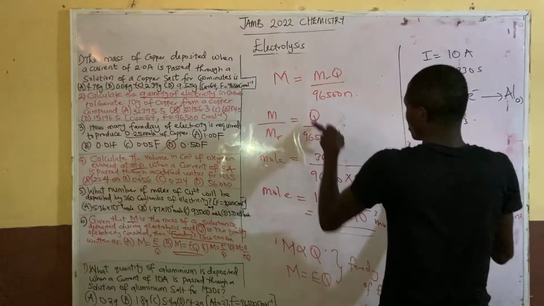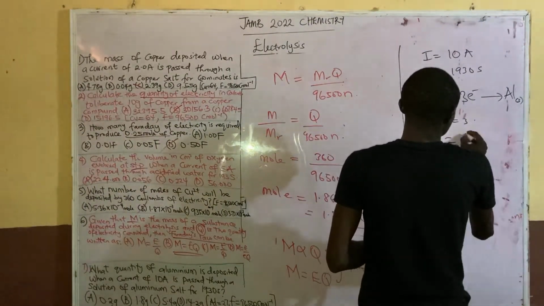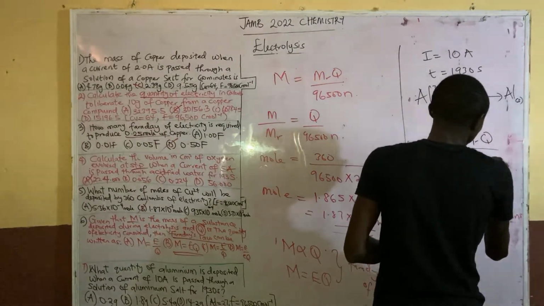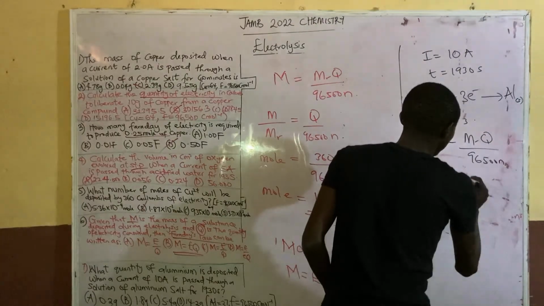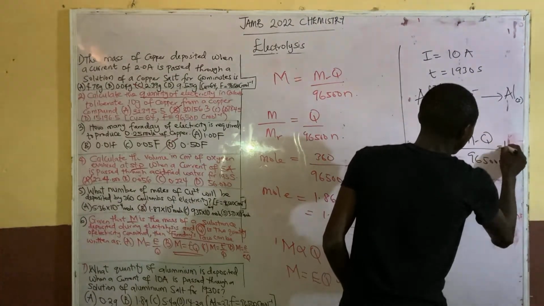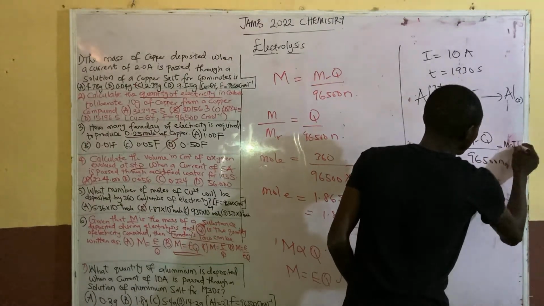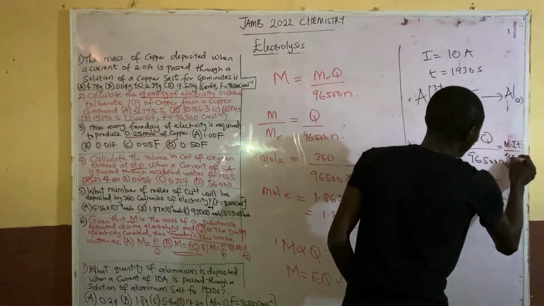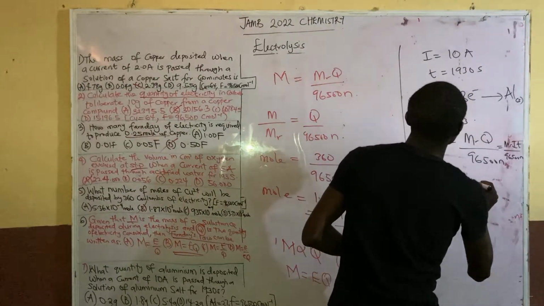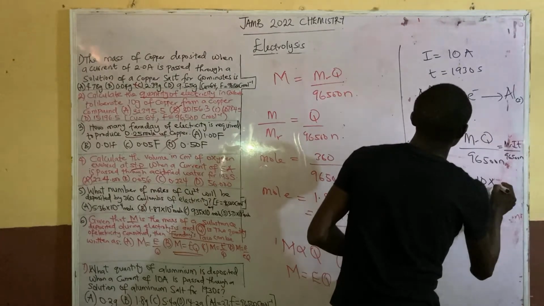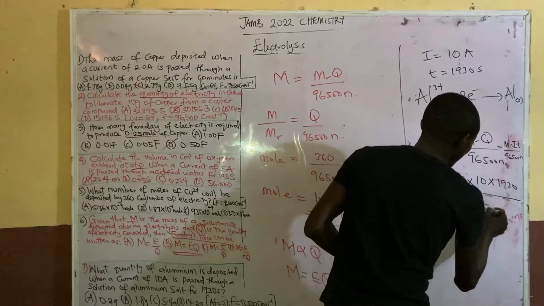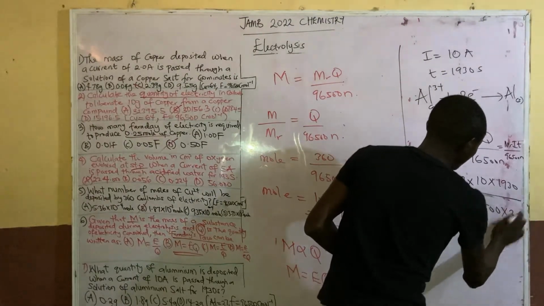So from this formula, make M equal to Mr. Q all over 96,500 N, multiplied by IT. Where Q is IT, we have the current here as 10, and the time here as 1,930, all over 96,500 times 3.